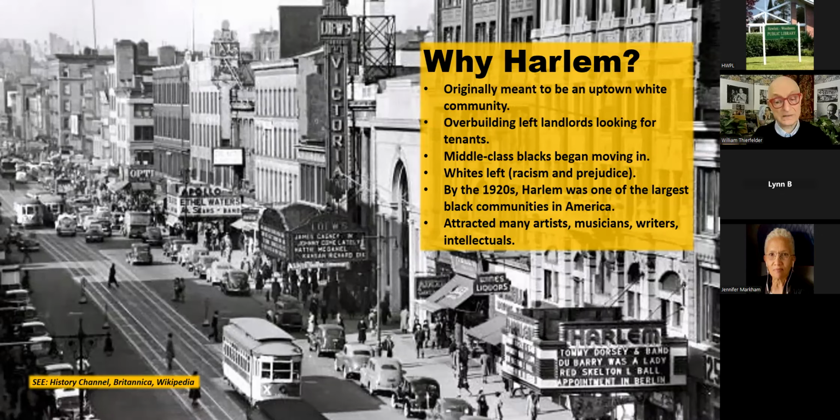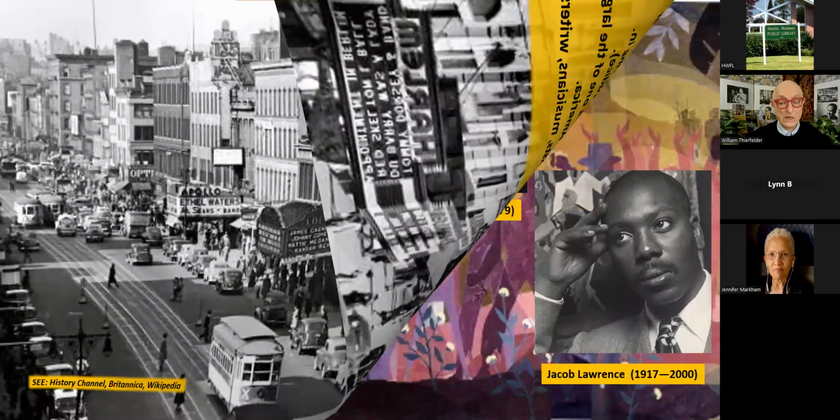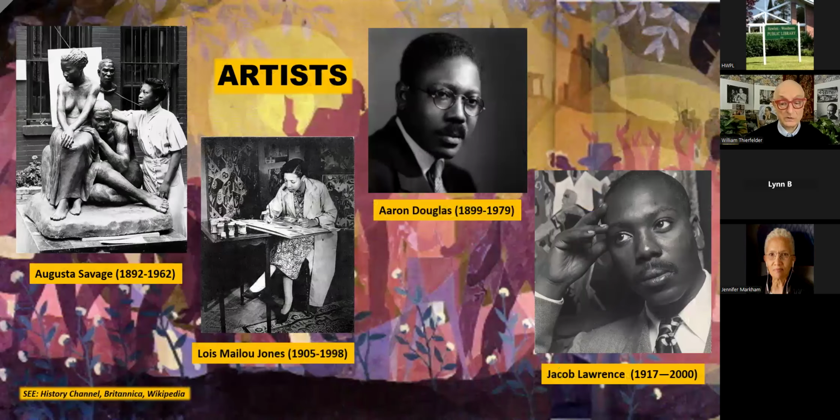And rather quickly, these different venues began to attract many artists, musicians, writers, and intellectuals. Some of the artists who made Harlem their home included Aaron Douglas and Jacob Lawrence. But a large number of women also thrived in Harlem, including sculptor Augusta Savage and the painter Lois Jones.